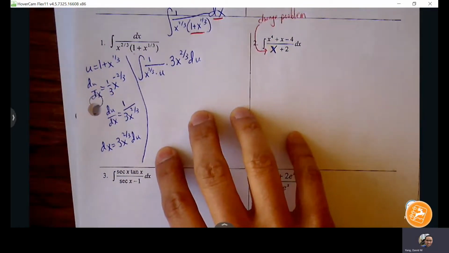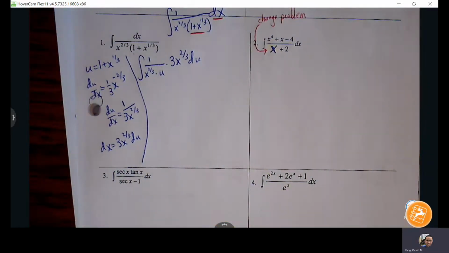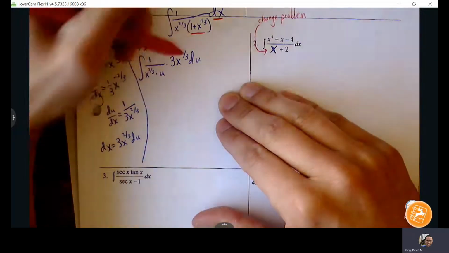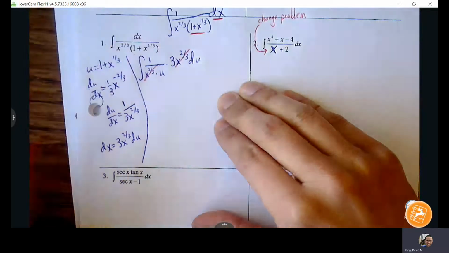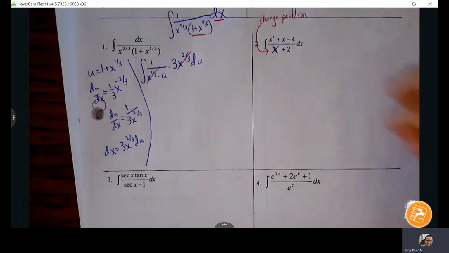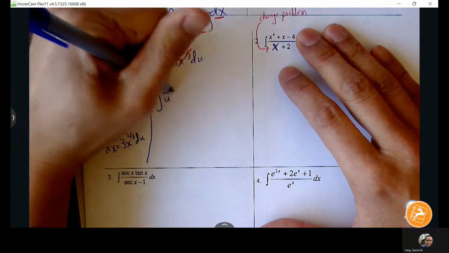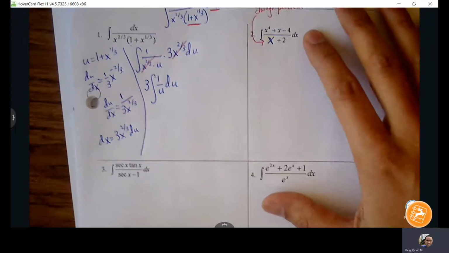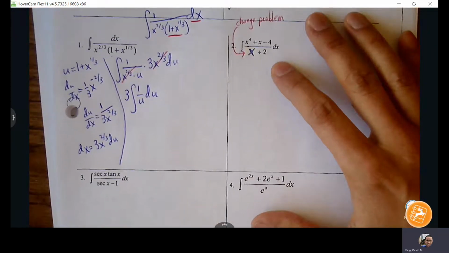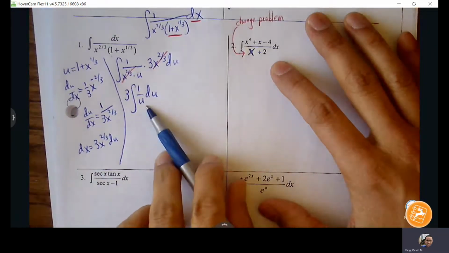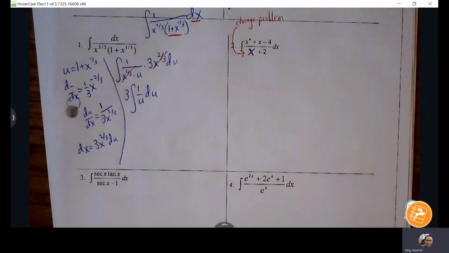Okay, make your substitution. You should be able to get the x's to line up nicely, numerator, denominator, but there is a leftover 3 that's going to have to be part of our answer here. But once that 3 comes out, it should look like an easy rule for us to apply. 1 over u, that's natural log, right?